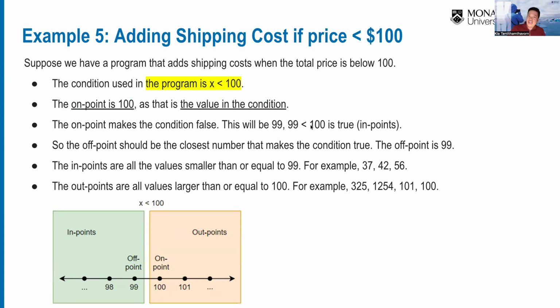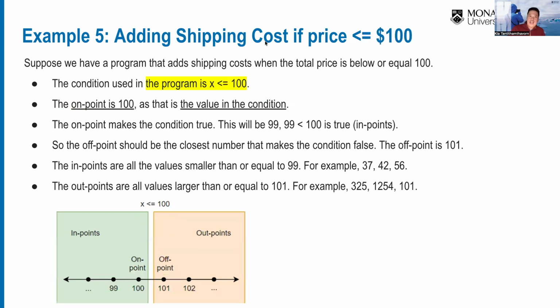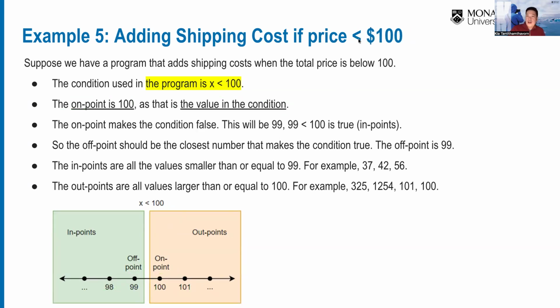What if I change the condition to just less than 100, without the equal? Now the on point is still the same, because the on point is the value of the condition. The difference is the in point and the out point.